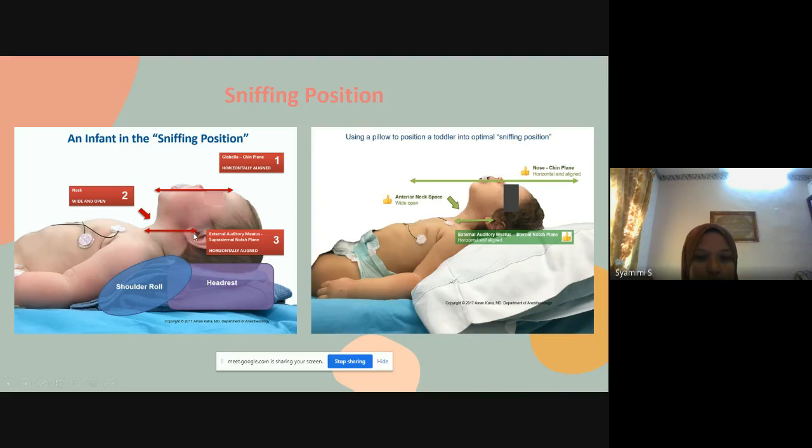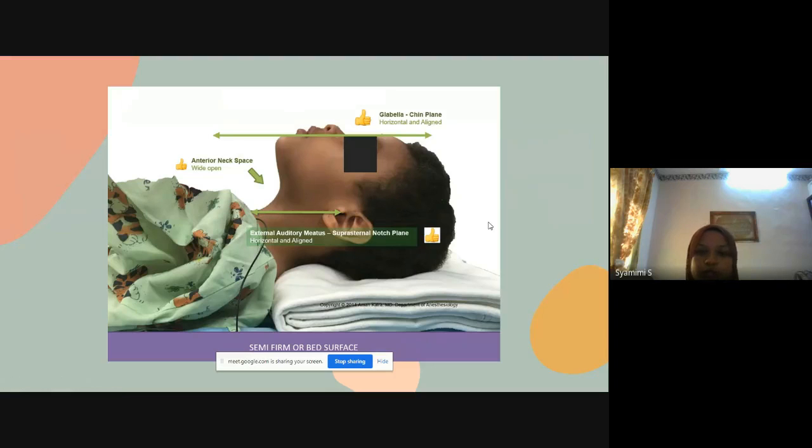And also, you can see the external auditory meatus is horizontally aligned with the suprasternal notch. This is for the toddler sniffing position. And this one is for older children sniffing position, where we need to focus on the anterior neck space, where it is wide open.